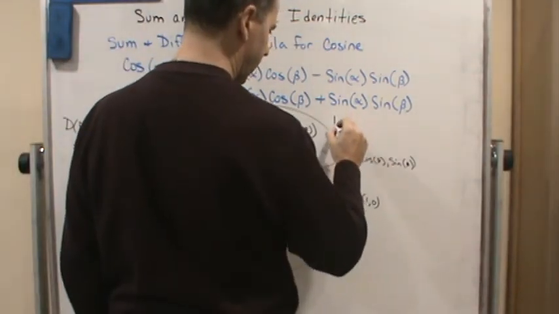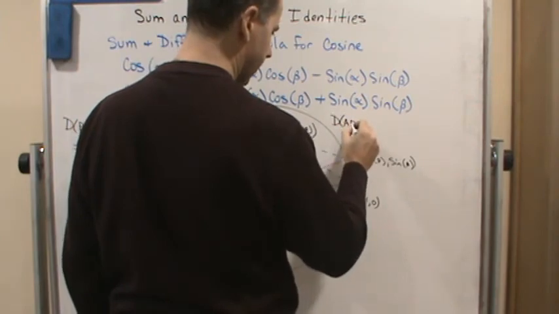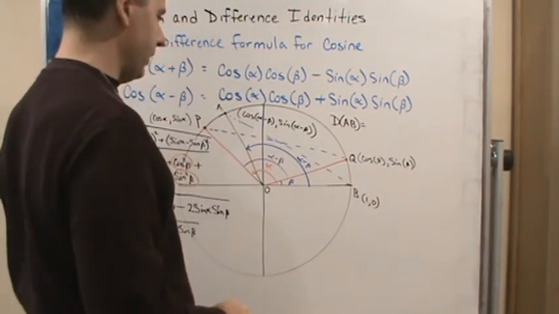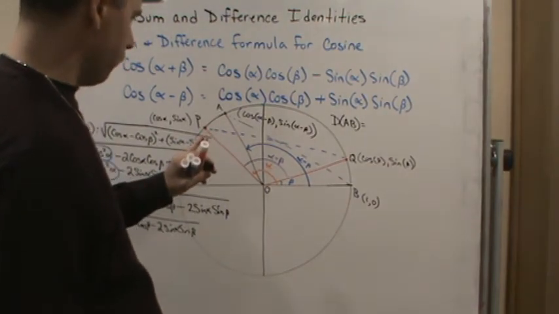Well, distance AB is going to be, again, x is first.